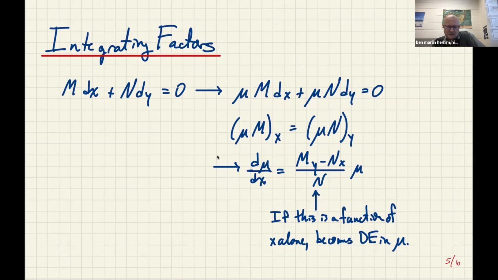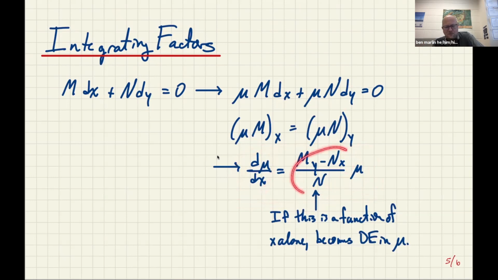But if that is the case, and if this piece right here is a function of x, if somehow all of the y's cancel out, then you have a differential equation in x that defines mu. And as a matter of fact, it's a separable differential equation. So you'll be able to divide that mu out and have your logarithm of mu show up over here.